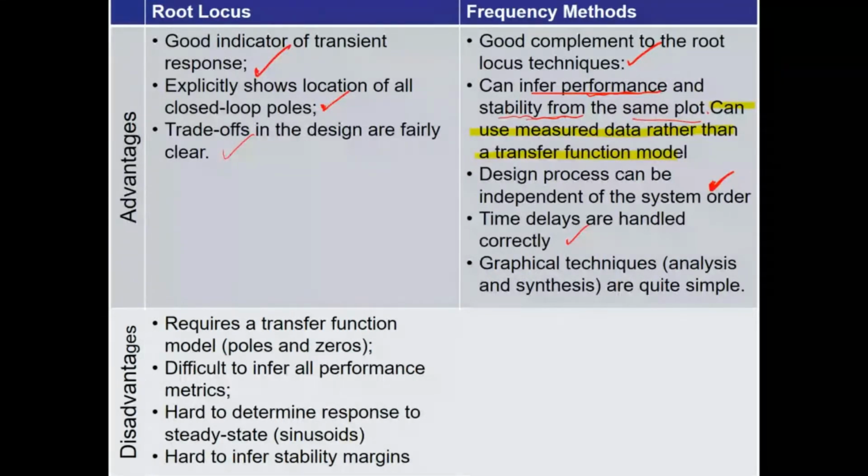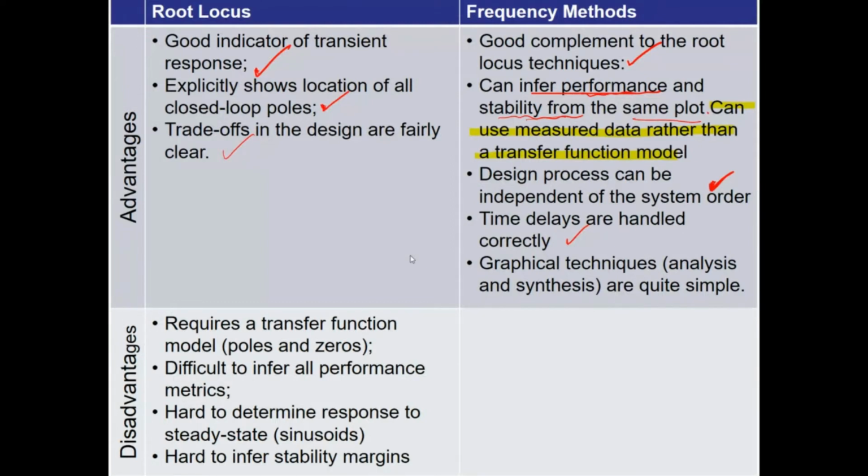Right, so what about disadvantages? Disadvantages on the root locus side, you have to have the transfer function. So you have to create your model to be able to plot the root locus.